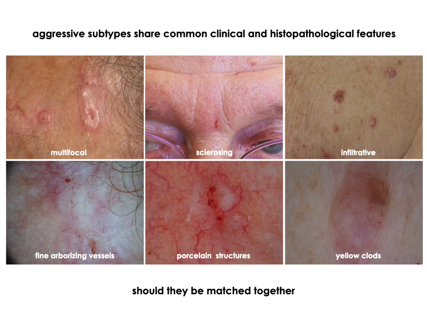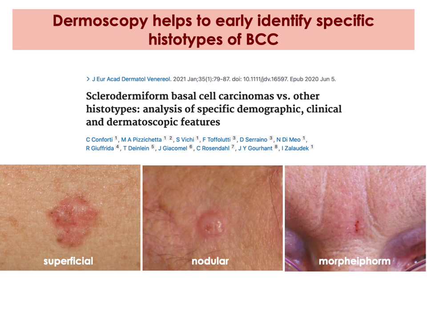Among the many criteria, we learned that some of them are more frequently associated with specific variants. For example, multifocal, sclerosing, and infiltrative basal cell carcinoma share common clinical and histopathological features, so they should match together. And the main criteria that we can find in these variants are fine arborizing vessels, porcelain structures, and yellow clots.